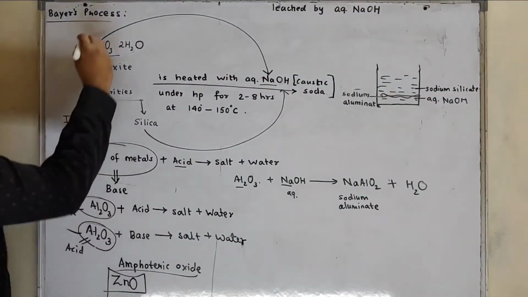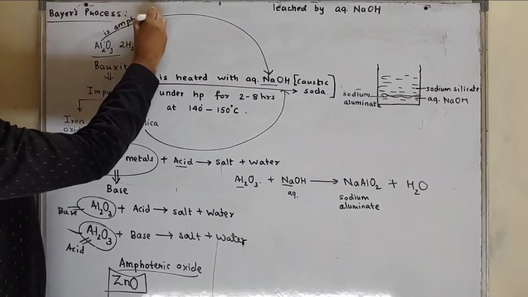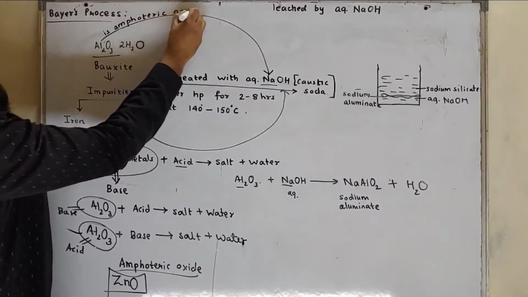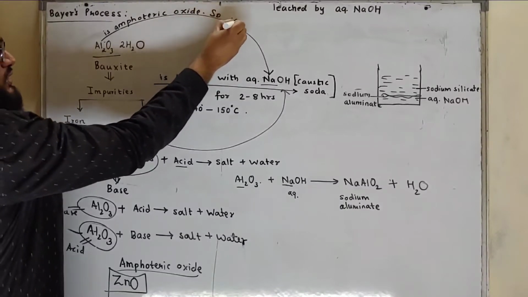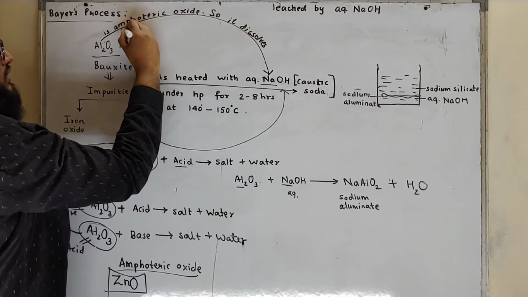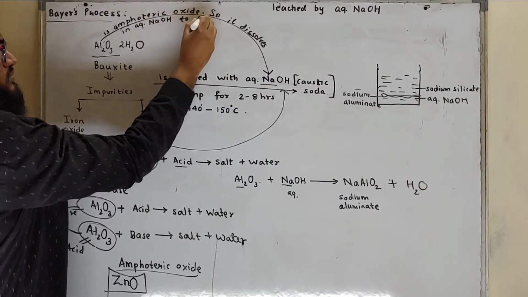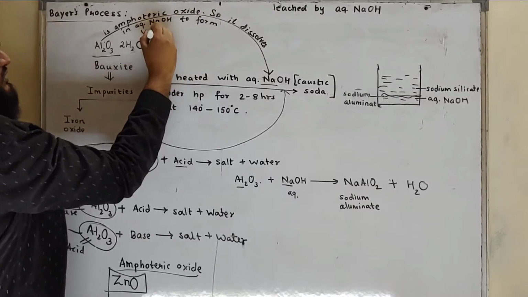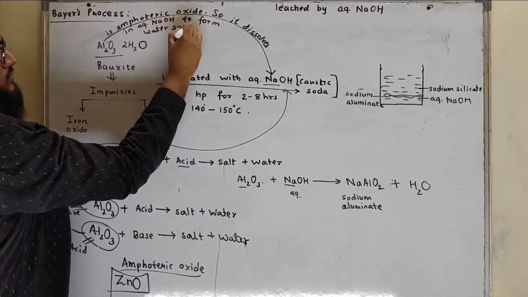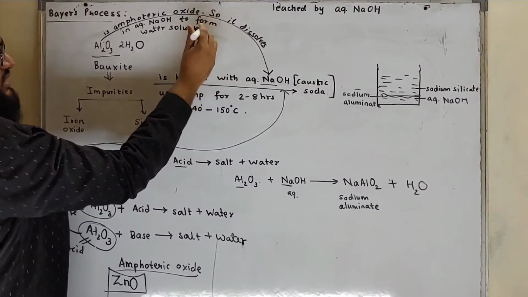So we can say aluminium oxide is an amphoteric oxide. It dissolves in aqueous sodium hydroxide to form water soluble sodium silicate.